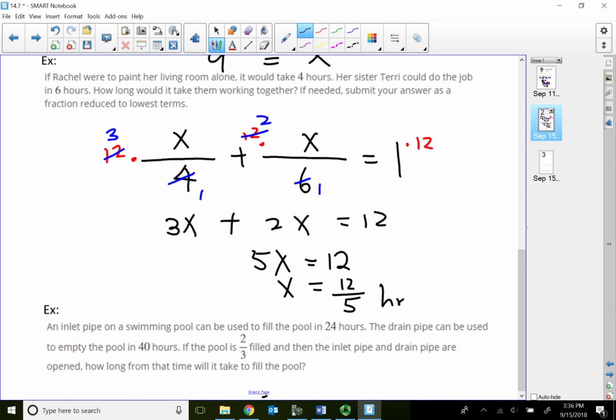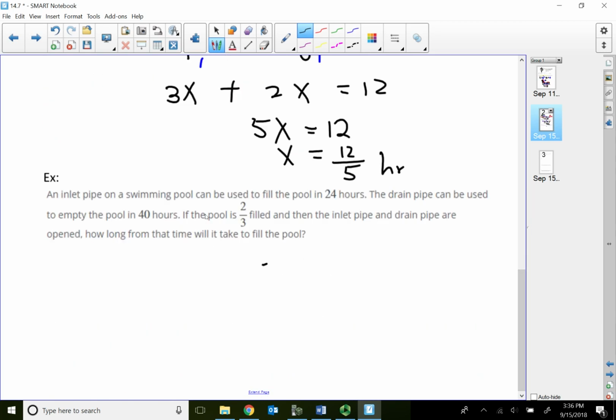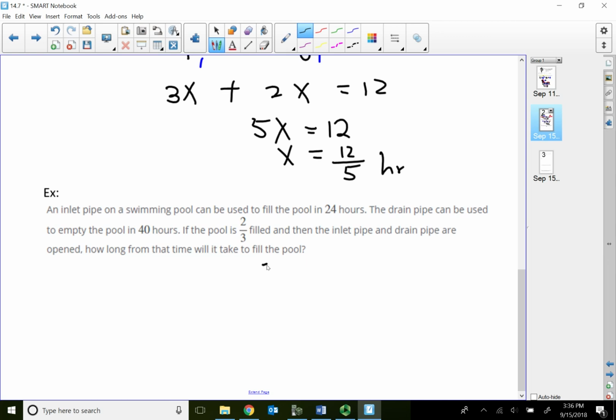All right, one of my favorite questions in this particular module, 14.7, is the pool question. It's kind of a strange problem. An inlet pipe on a swimming pool can be used to fill the pool in 24 hours. The drain pipe can be used to empty the pool in 40 hours.